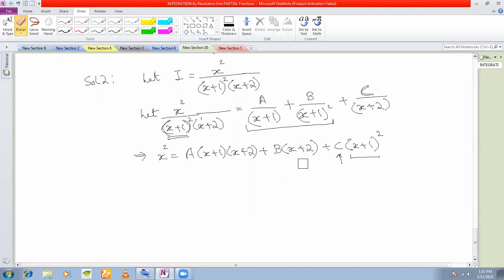Let's now try to find out the value of b. In order to find out the value of b, you have to make this vanish and you have to make this vanish, right? So is there any common factor between these two? Yes, there is a common factor, which is x plus 1. Okay, so what you do here is you put x plus 1 is equal to 0.